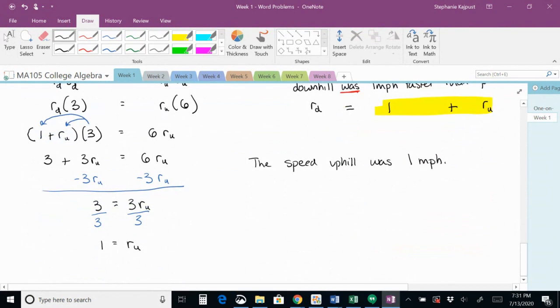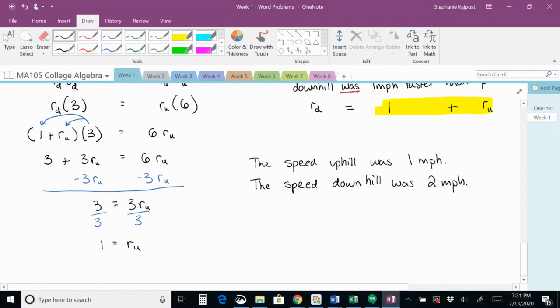And so we know that downhill was 1 mile per hour faster than that, so that would be 2 miles per hour. So the speed downhill, it'd help if I spelled that right, downhill was 2 miles per hour. And you can just plug that into your equation, what I have highlighted.